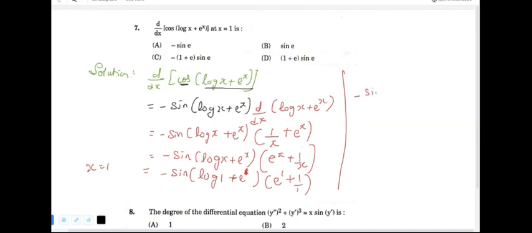Log of 1 is 0, so it will be minus sin(0 plus e) into (e plus 1).